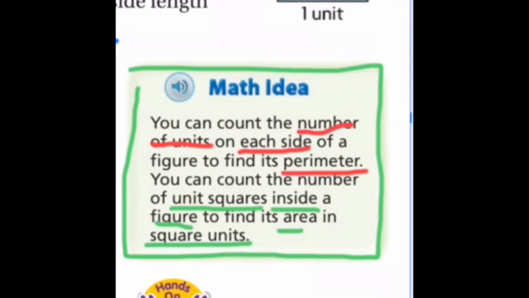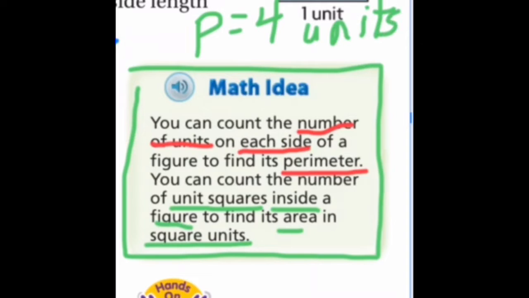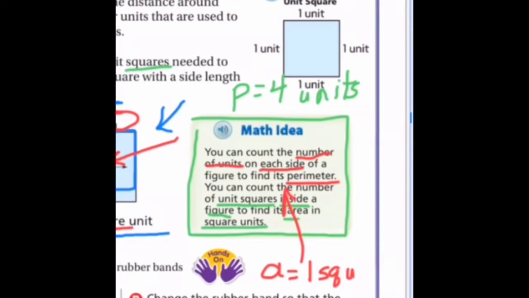So on the math idea, the perimeter equals 4 units. Area is the amount on the inside of the square. So the area of this equals 1 square unit. I have to zoom out a little bit. That's the area of that square inside the math idea.